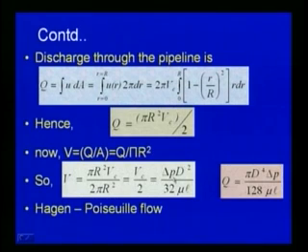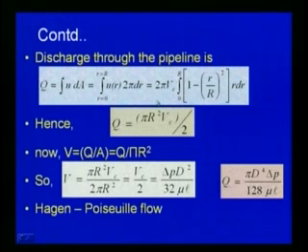So, that is equal to delta P d square by 32 mu L, or we can write Q is equal to pi into d to the power 4 delta P by 128 mu into L. So, this relationship is the Hagen-Poiseuille equation, and this laminar flow condition in the pipe flow is called the Hagen-Poiseuille flow condition.